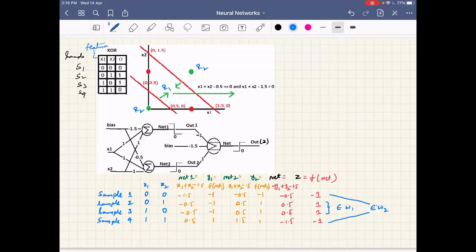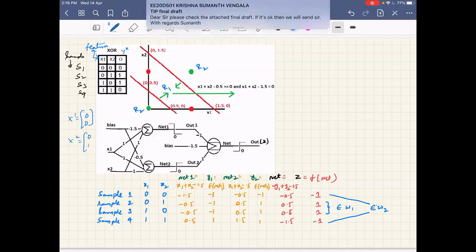These are features and these are samples. Given that, what is this? How is our Y, YK? So this is actually XK, the feature vector. Say X1 is equal to 0, 0. Similarly, the second sample is 0, 1, and so on.